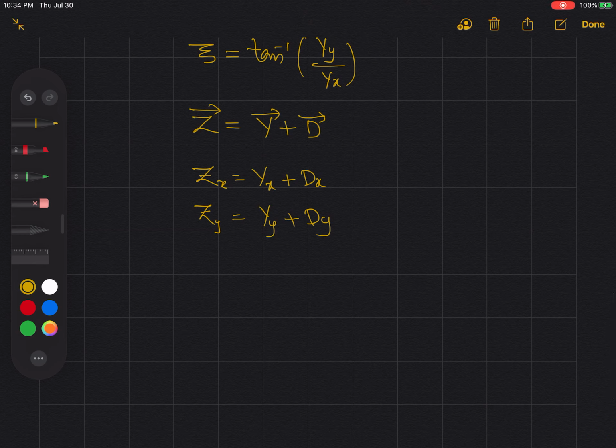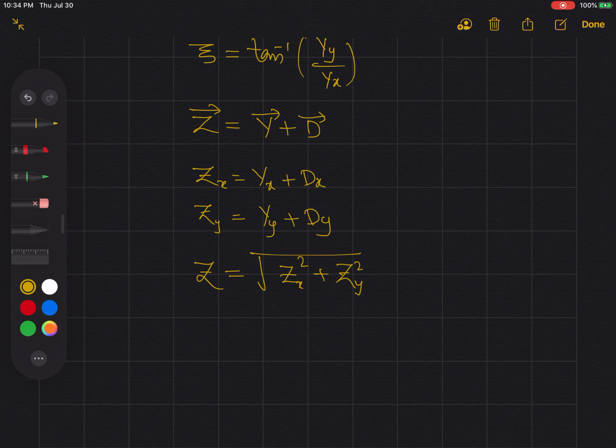Once you calculate those, the magnitude of vector z is simply the square root of the x component squared plus the y component squared.